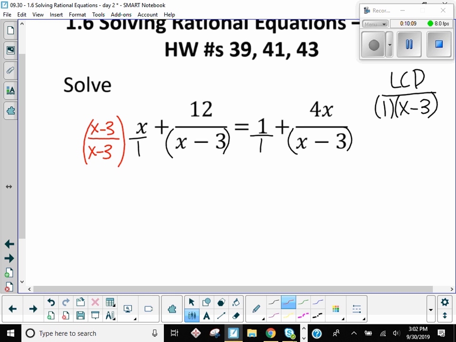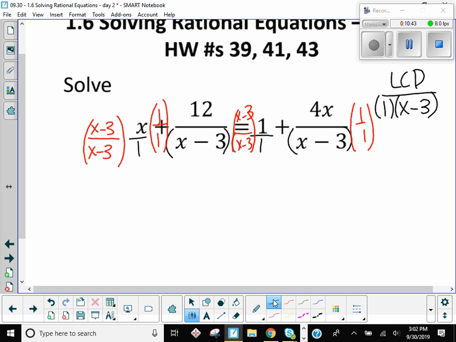I'm going to write it just to keep up appearances. And what's the third fraction missing with its denominator? X minus 3, top and bottom. And the last one, missing 1.